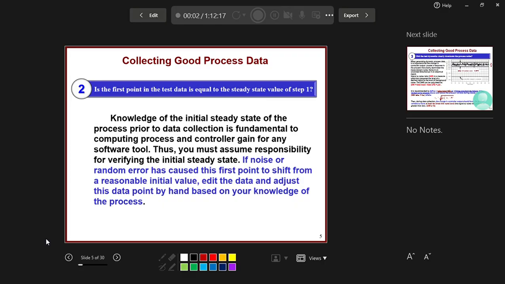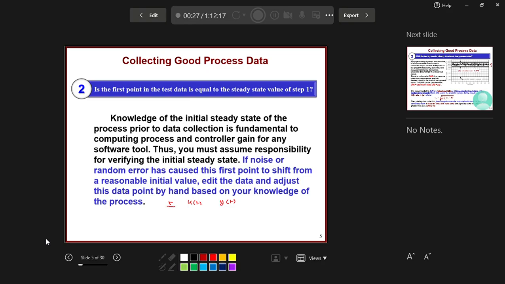After collecting the data, the other thing you need to make sure is that the first point in your data set should represent the steady state. So let's say that you have collected x and y data, or u of t and y of t.